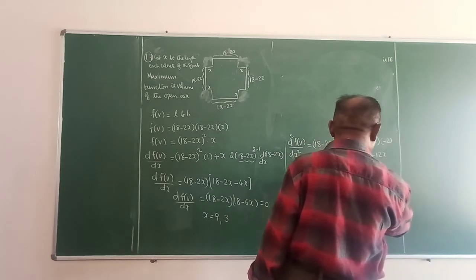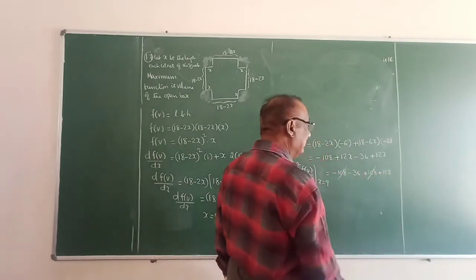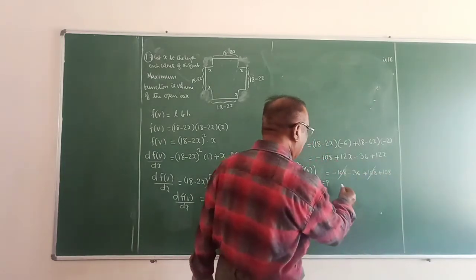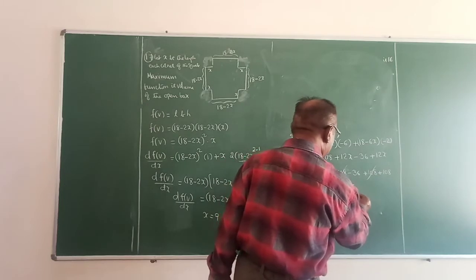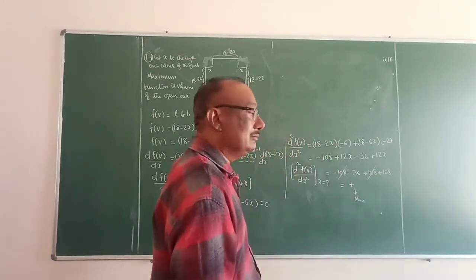The 108 is cancelled. The total is a positive value. Positive means it is a minimum. So x is equal to 9 fails.